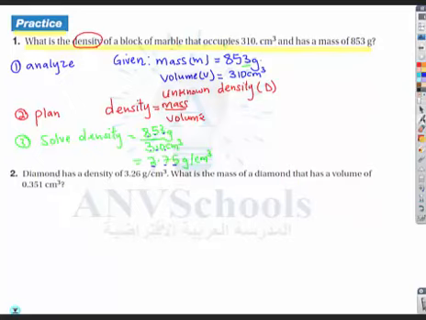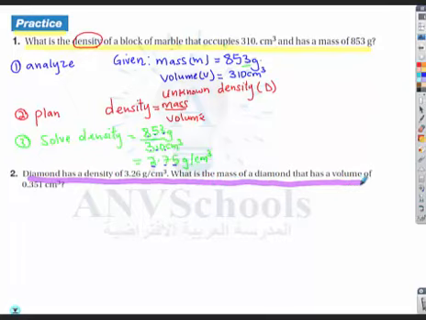The second question asks, diamond has a density of 3.26 grams per cubic centimeter. What is the mass of the diamond that has a volume of 0.351 cubic centimeters?